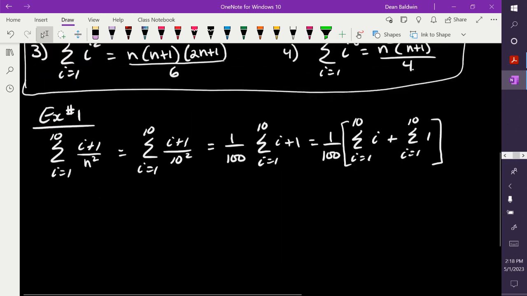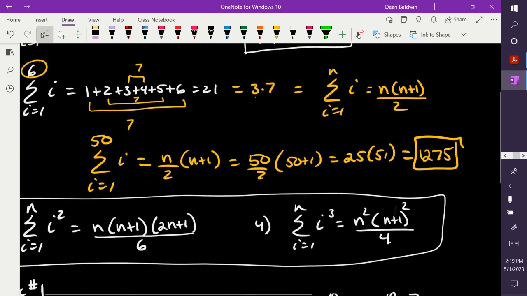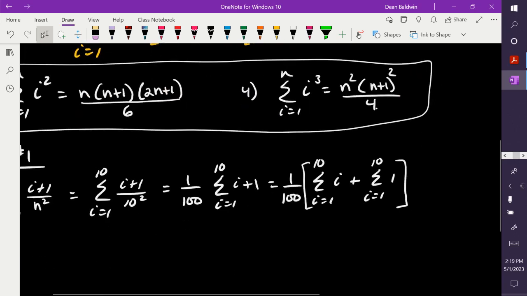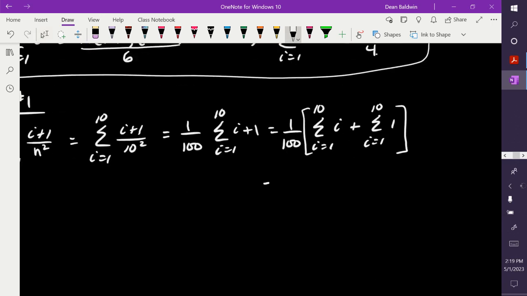So, if I take this, it's being multiplied by 1 over 100, I can rewrite it as individual sigma notations. What is the sum from i equals 1 to 10 of i? On your formulas, it matches this one, right? So I take that bit and I go, okay, 1 over 100.